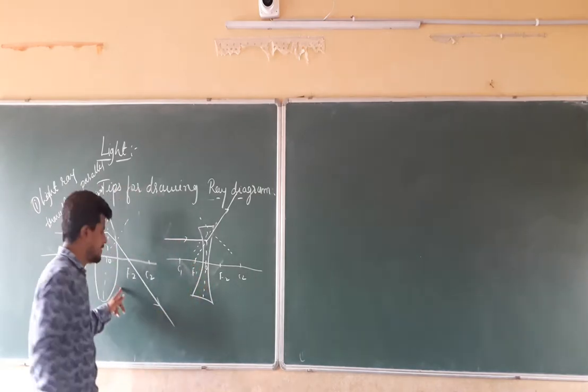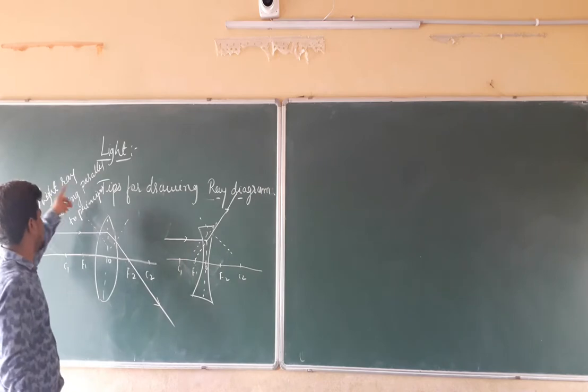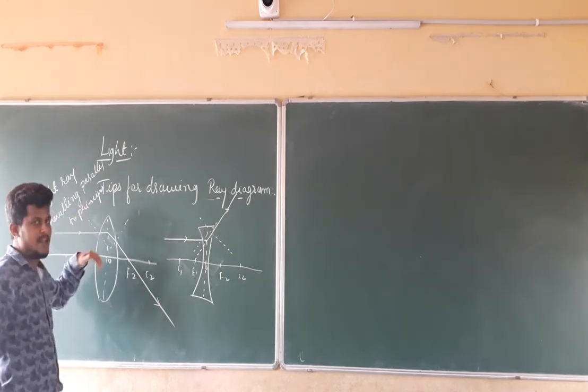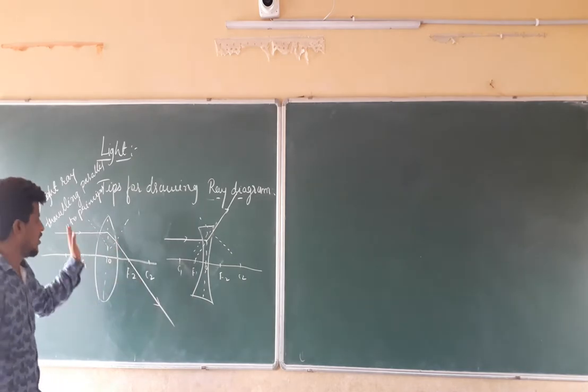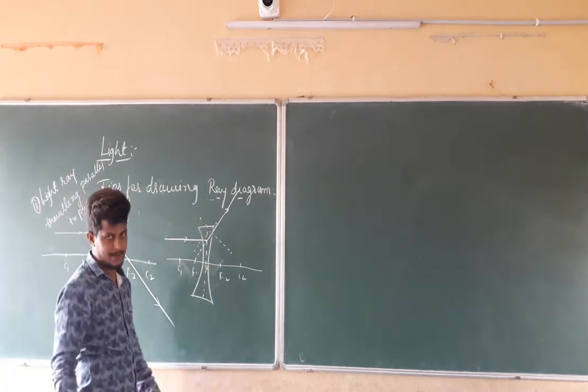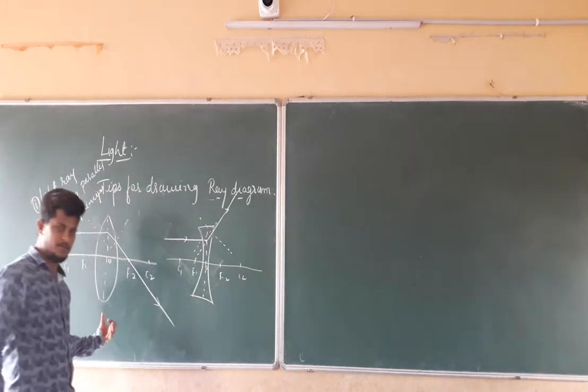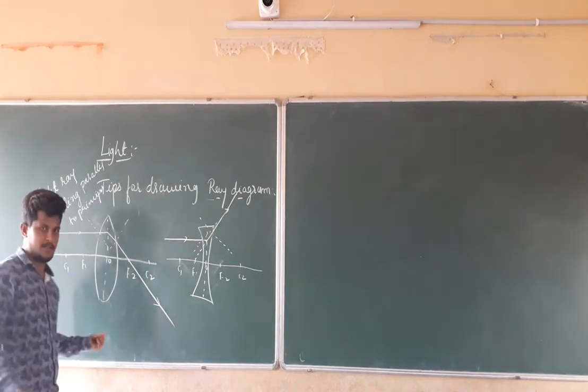In the case of this convex lens, the light ray which is traveling parallel to the principal axis, on refraction, is going to pass through the principal focus on the other side of the lens. So write those points. Remember those points.